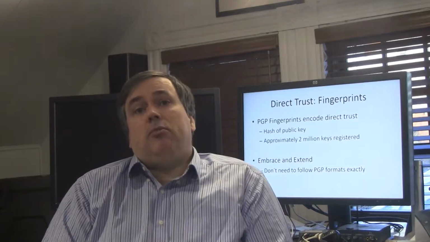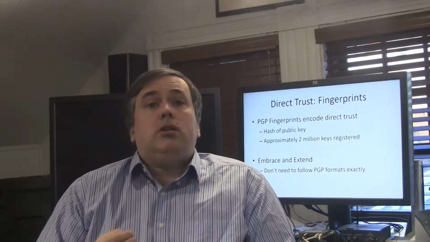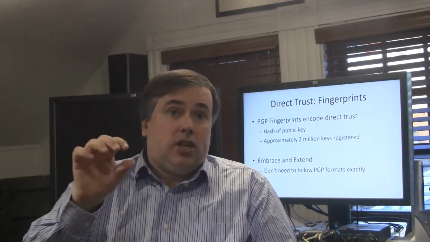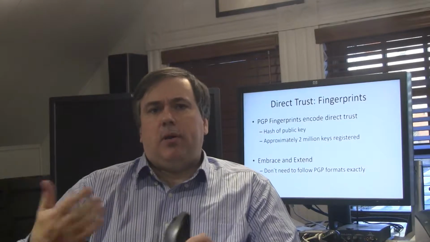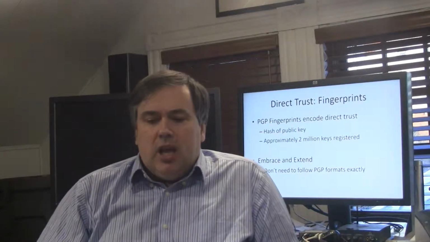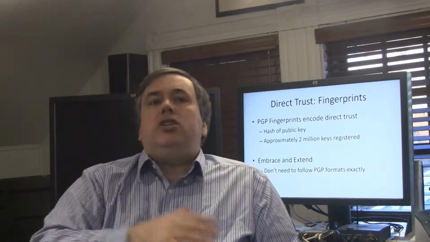So even though we've chosen S-MIME as the message format, we're also going to choose PGP, or at least a part of the PGP model, as the trust infrastructure. Now you're probably thinking, but you said that you were going to do trust infrastructure later. Well, that's true. We're going to do trust infrastructure in part 4, and my proposal isn't going to be the only one.